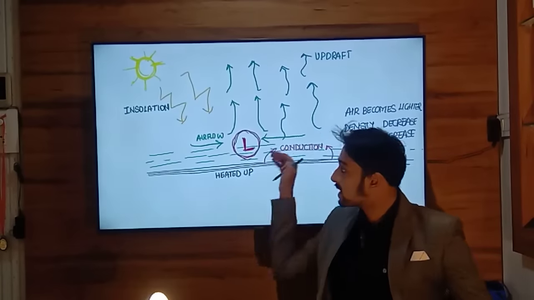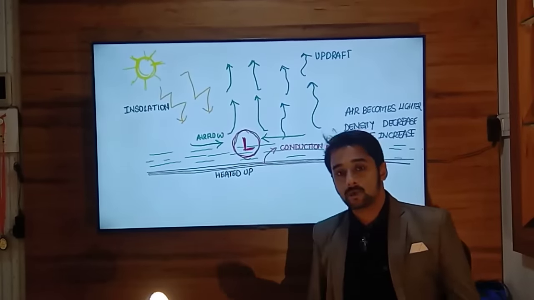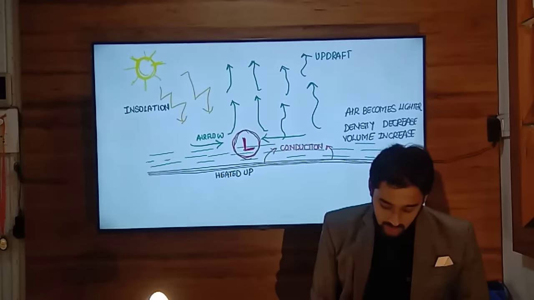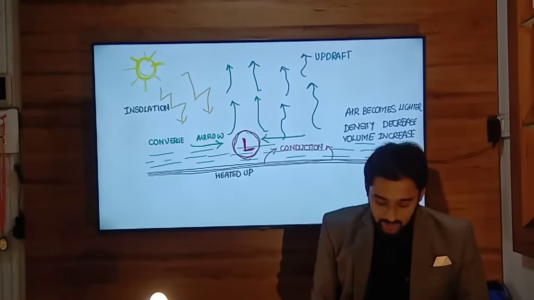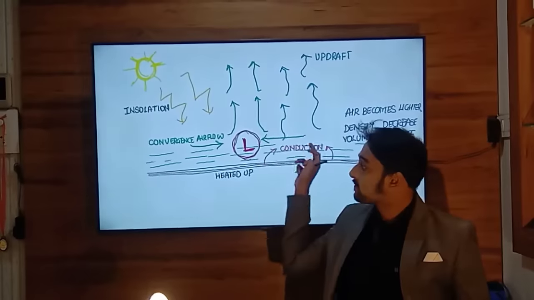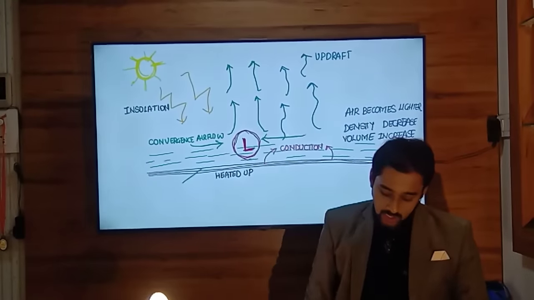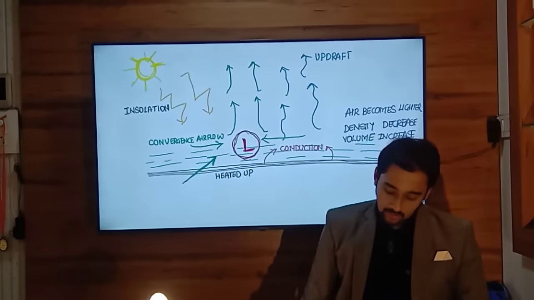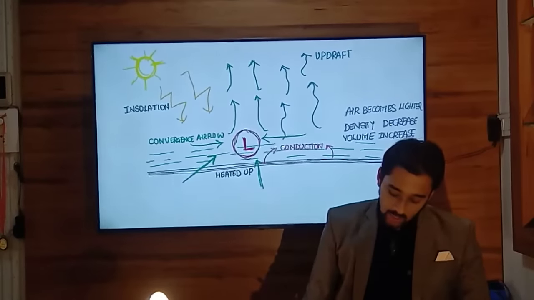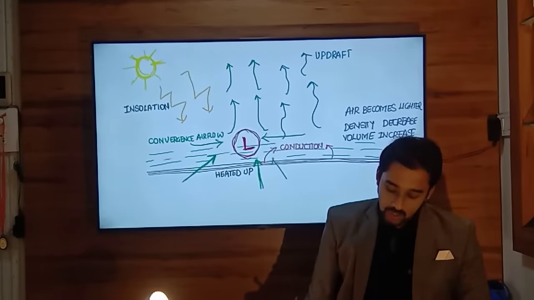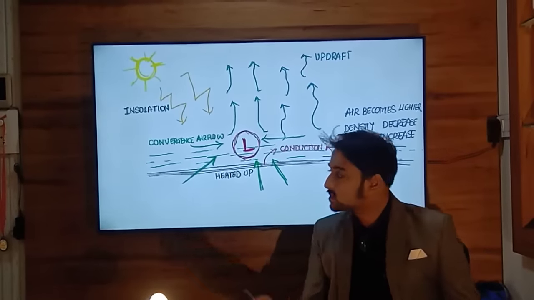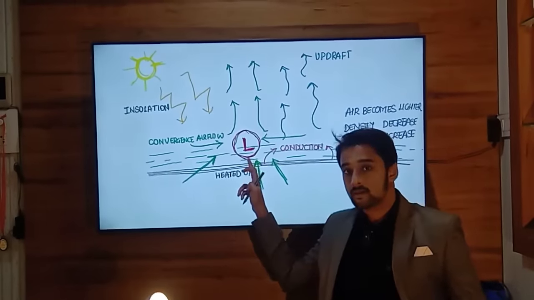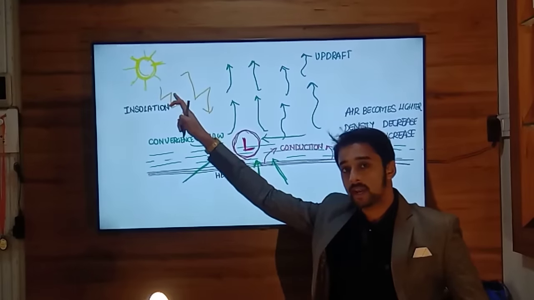There will be first an inflow of air, and that process is called convergence, because the airflow from different directions will converge at the low pressure region, because the movement is always from high to low, whether you take water or air.